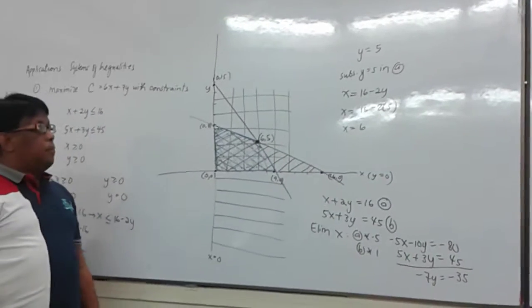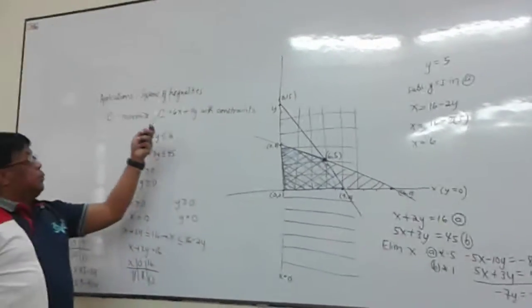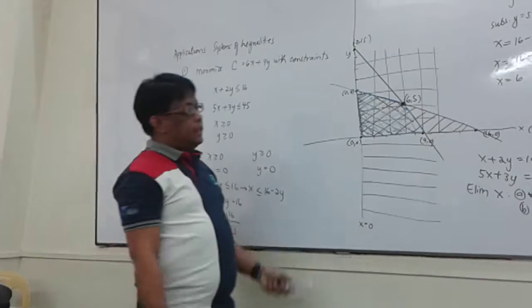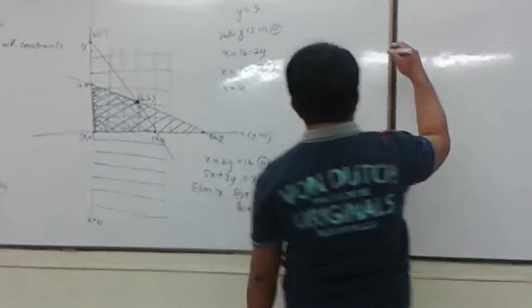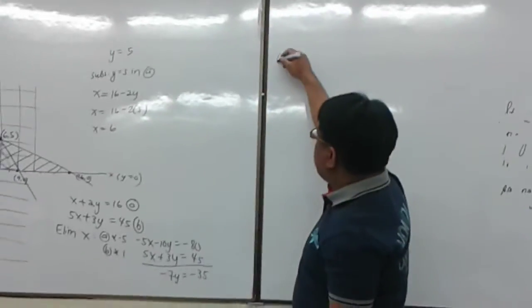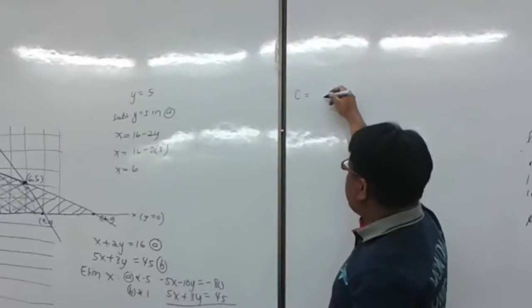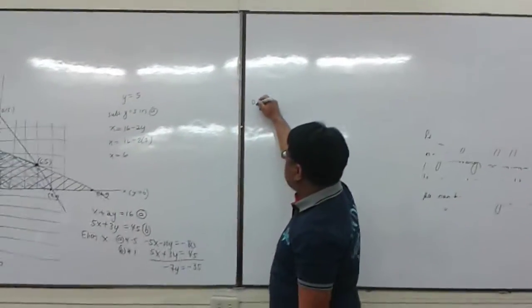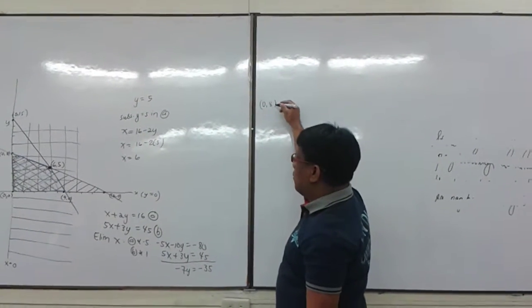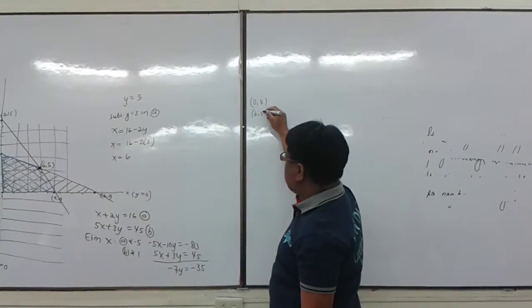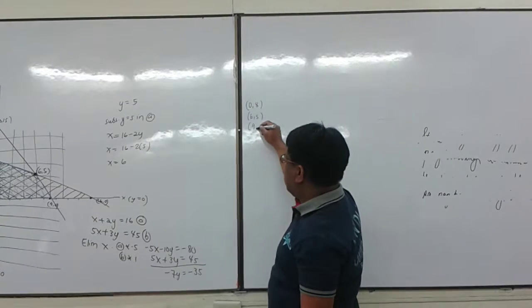So let us now compute for the cost. We need to maximize the cost. Let us consider the bounded points, or boundary points. So we have 0, 8, then 6, 5, then 9, 0.